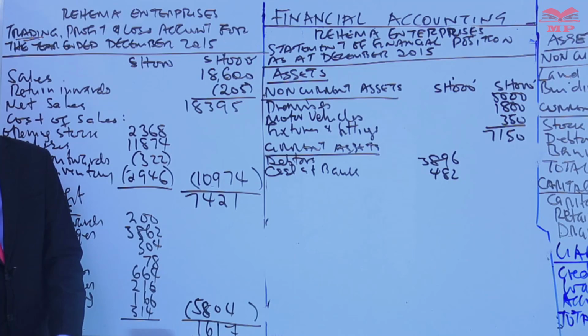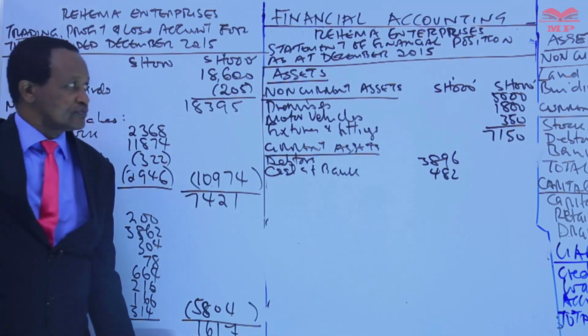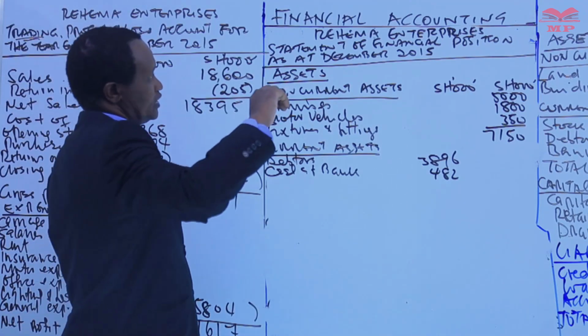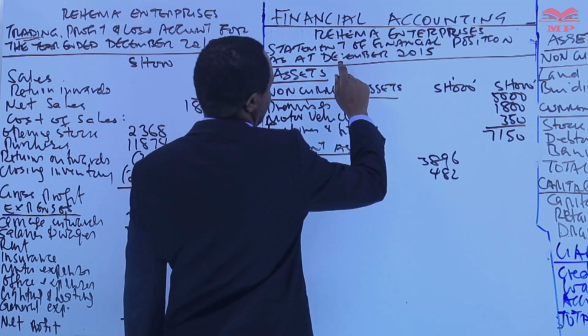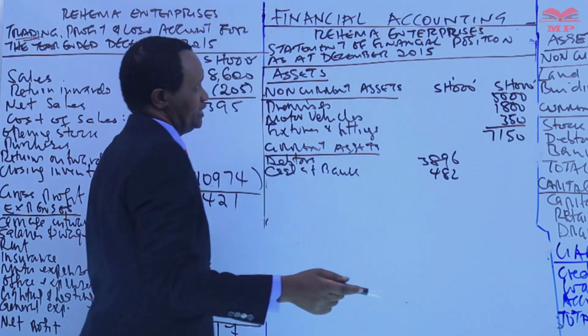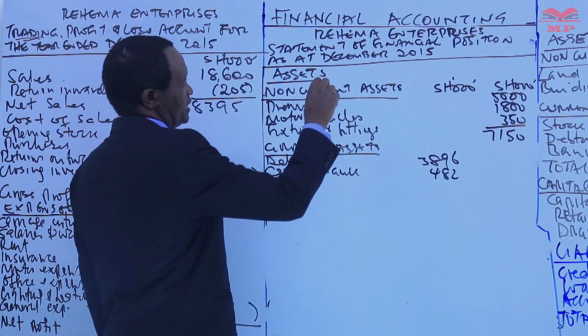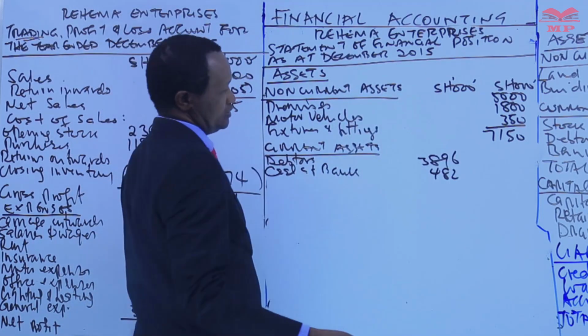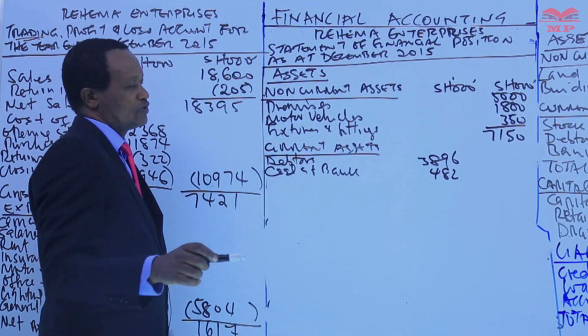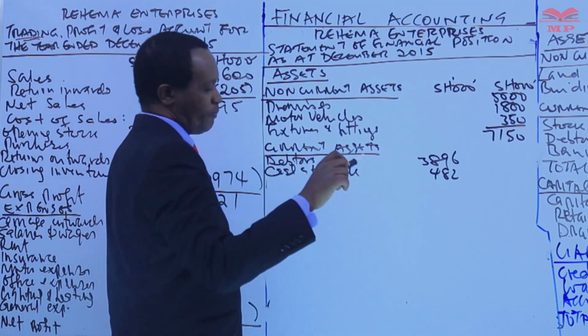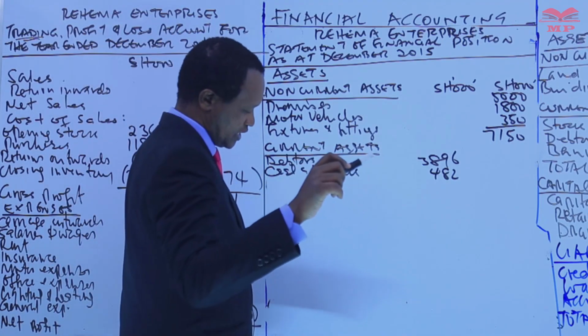Stock. That is true. Which stock? We are preparing the statement of financial position as at December 2015. So the balances must relate to the date December 2015. The opening stock, you can see from the trial balance, is written opening stock 1st January.